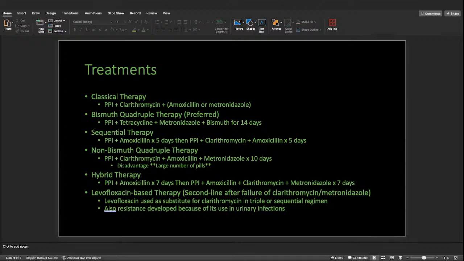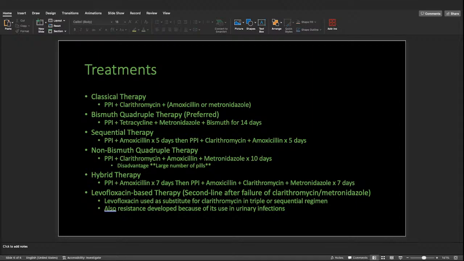That would be your triple regimen, and people thought it was going to work for preventing H. pylori infection. But later on, some studies showed that there was resistance against clarithromycin, or macrolide resistance.